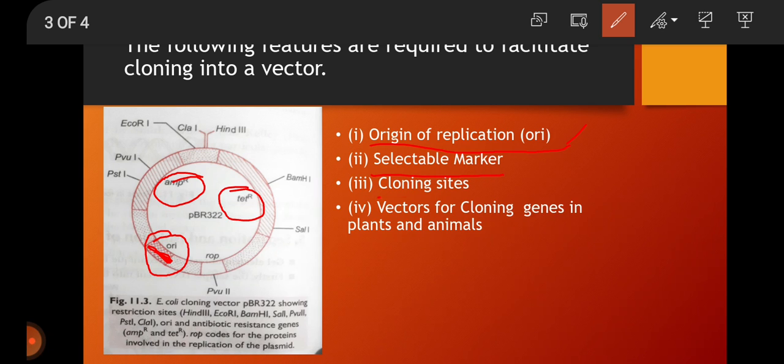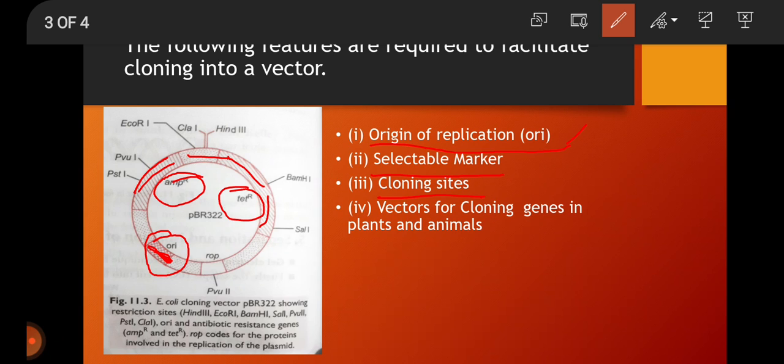The third feature we need for cloning into a vector is cloning sites. You can see here, these are the cloning sites. To link the alien DNA, the vectors require very few, mostly single, recognition sites for the restriction enzymes.